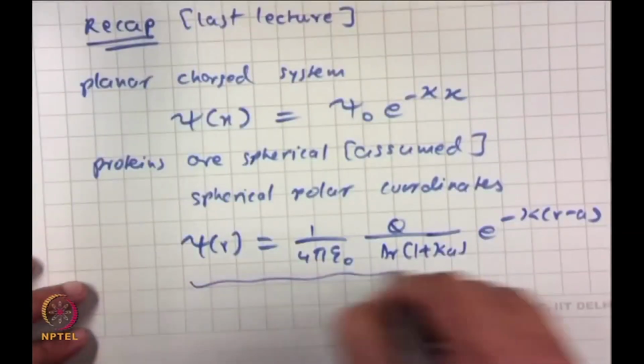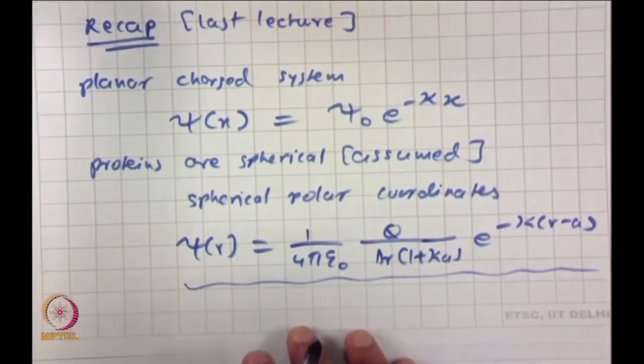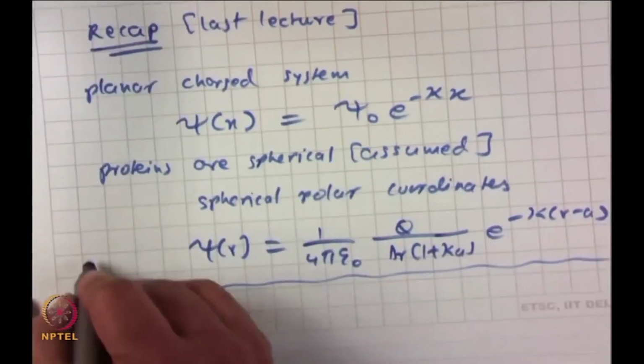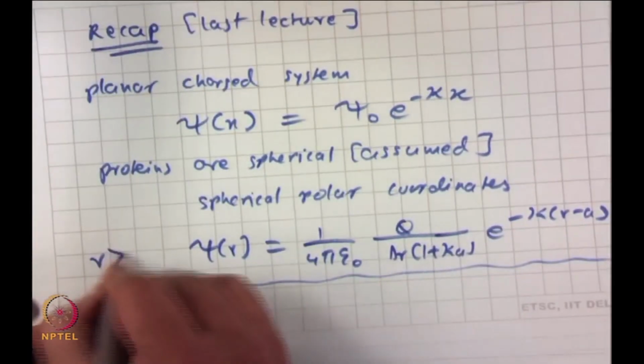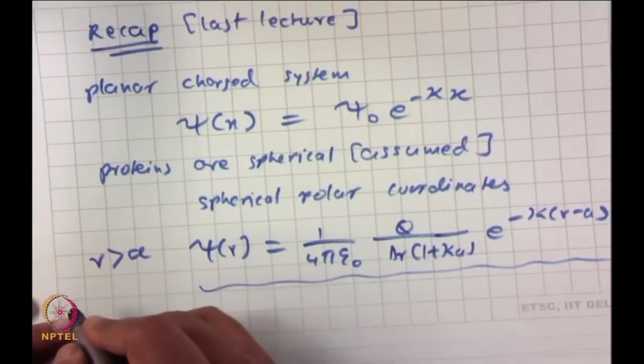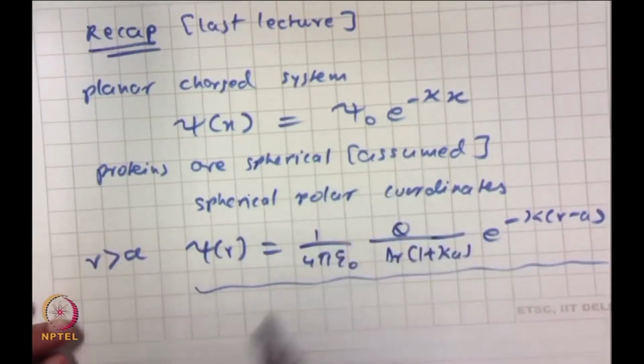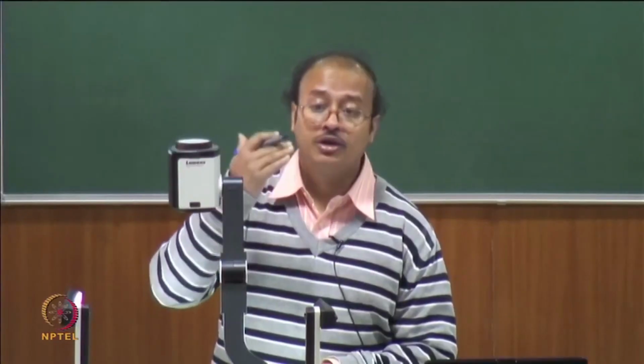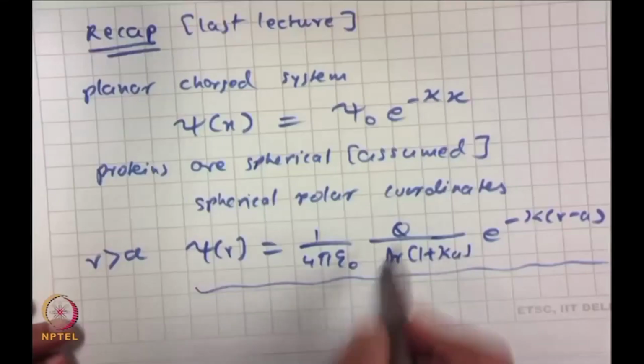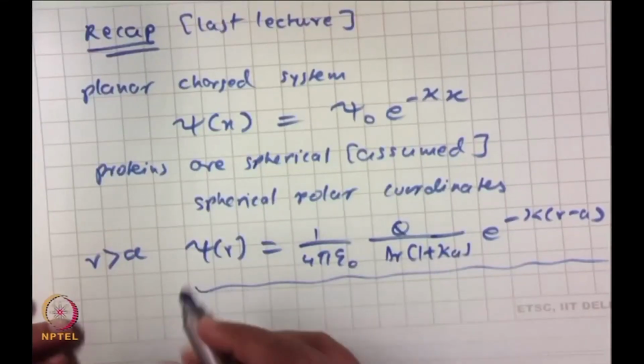This is the final thing we reached, and here obviously the assumption was r would be greater than a, because this protein is not a point charge, it has a certain dimension, and the radius of the protein is a. So whatever charges you are looking at is beyond a, because at the surface you have this psi of a, which we also derived.